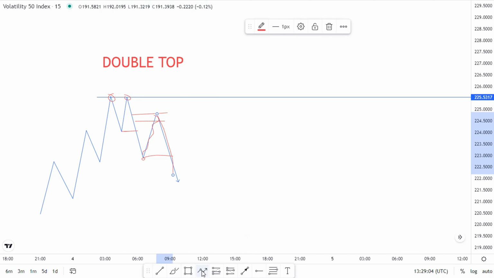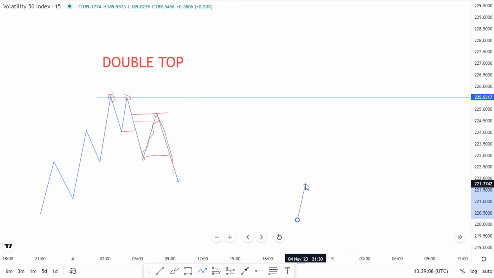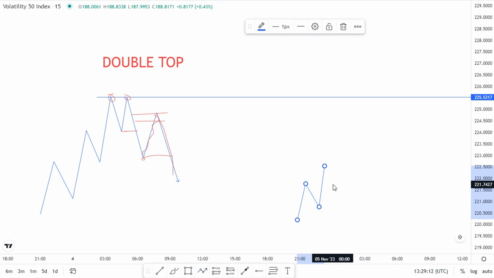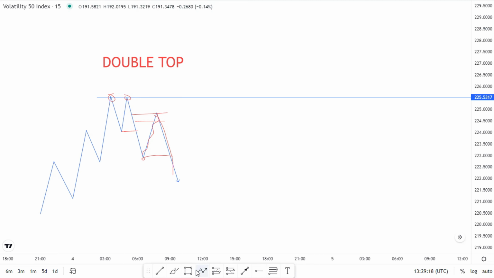Moving on to the second scenario, we have this chart pattern moving on a bullish momentum like this. Okay, so skip this, clean and start a fresh one. So we have this scenario here.